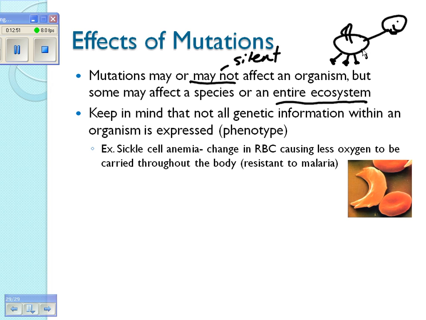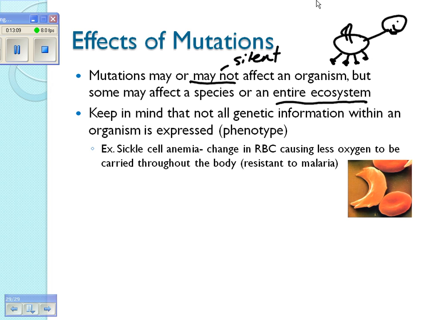Now, in some classes we got into a little bit of a debate about this. Maybe this could make him run really fast. Maybe it would hinder him and he couldn't run that fast. Let's say it makes him run super fast. Now he's able to outrun all his food.